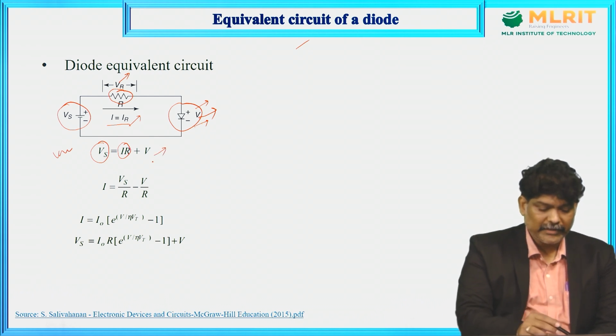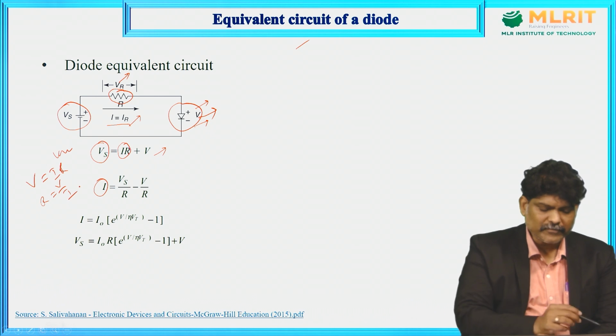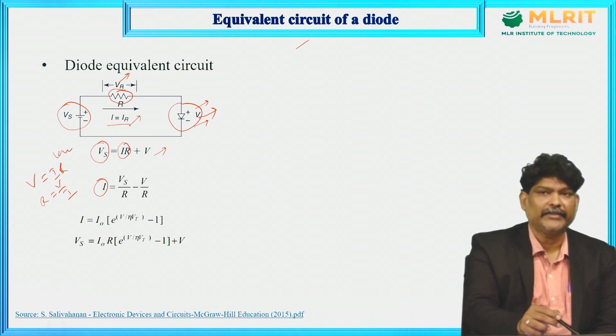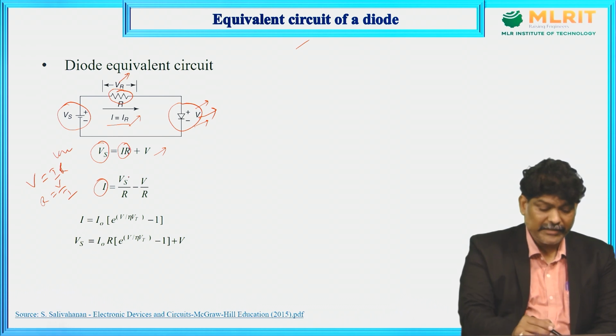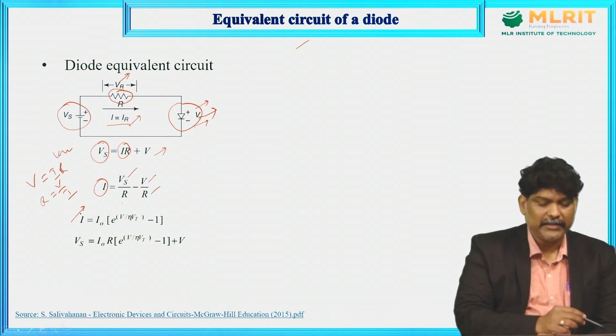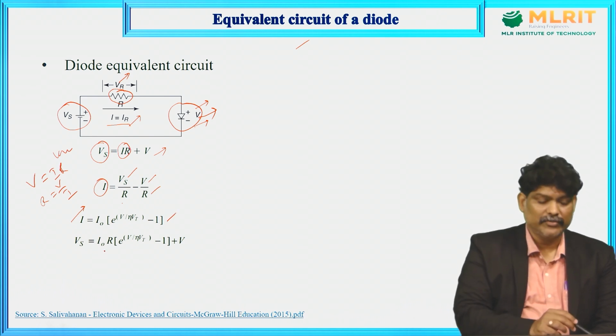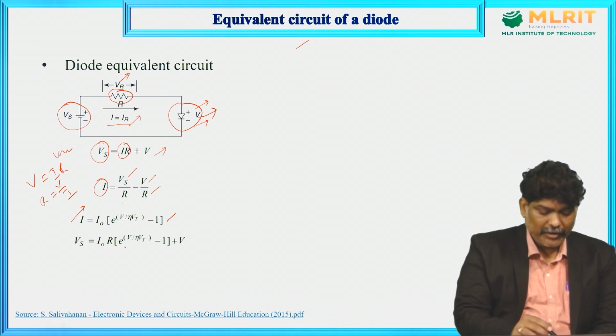And to get the current from this, I is equal to Vs by R. We know Ohm's law, V is equal to IR, so R is equal to V by I. So I, the total current through this circuit integrated with the diode, is I equal to Vs by R minus V by R. Similarly, we know the diode current is given by I equal to I naught into e power V by eta Vt minus 1, and Vs is equal to I naught into R into e power V by eta Vt minus 1 plus V. If you substitute here in place of this, Vs becomes like this.